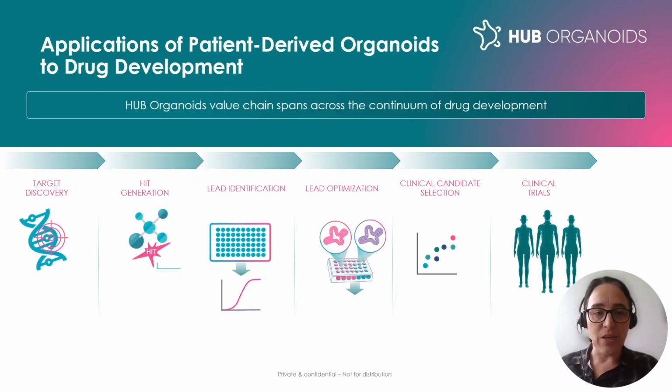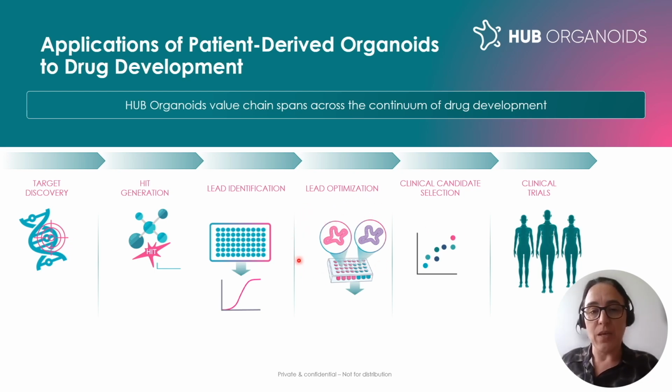So in this graph, we tried to summarize at a very high level the process of drug development, from target discovery to running the actual clinical trials with patients to prove that the compound has an effect in patients and can be used for the treatment of certain diseases.